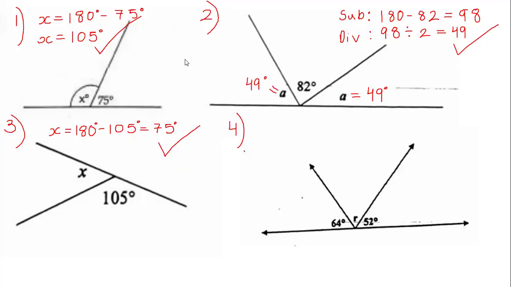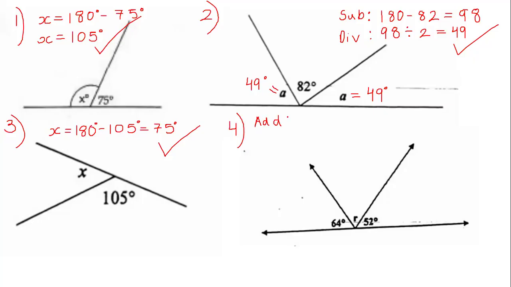Okay, now for number 4. I think Cleveland asked to do number 4. Yes, sir. For number 4, what we're going to do first is subtract 80 from 116, which I got from adding 64 plus 52. Let's do it step by step, right?